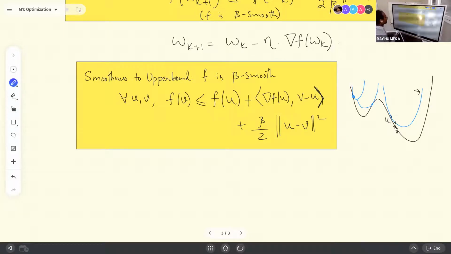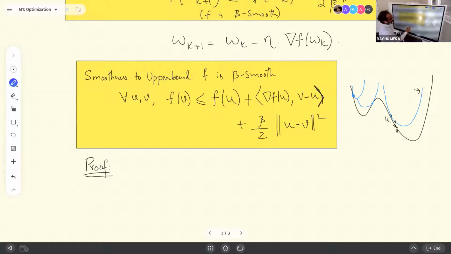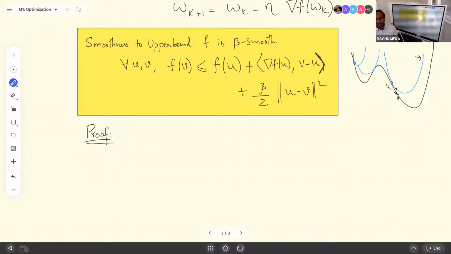Alright, so the proof of this, I won't prove it completely, but I'll just sketch it and we'll take it for granted for what's going to come up. So how do you prove such a thing? There's something called Taylor's theorem, and if you've taken Calculus 101, you know Taylor's theorem, which tells you how you can approximate a function at another point using the derivatives at some other point, right?